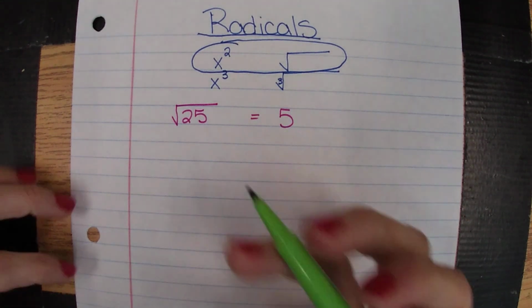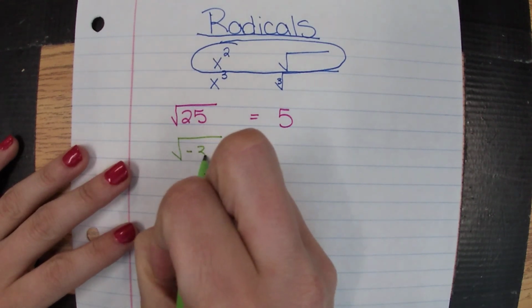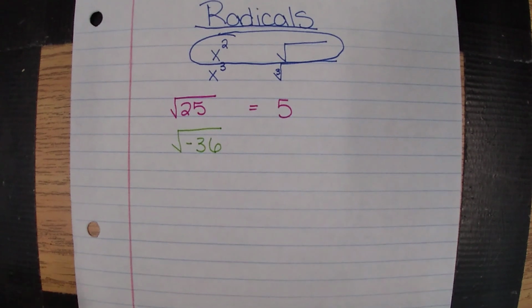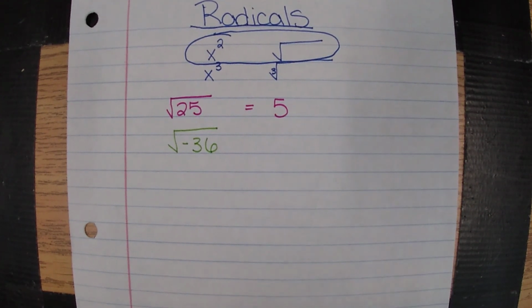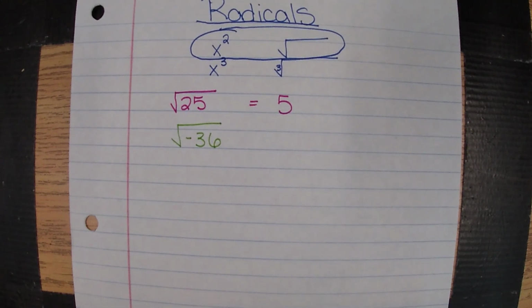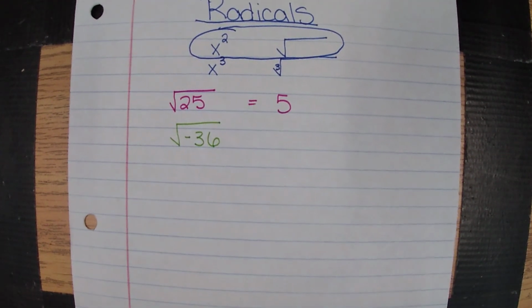Now, we've left out this whole piece with square roots up until this point. But what would we do if we were given something like the square root of negative 36? Okay, and this opens a large can of worms, and we are not going to do all of it, but we are going to introduce the concept. The key here to understand is that there is not a negative number times a negative number that will ever equal a negative number.